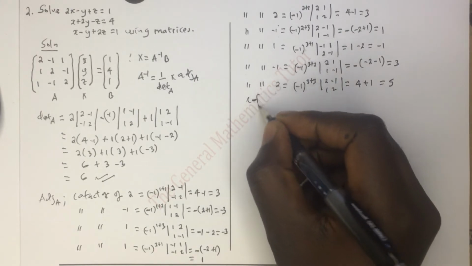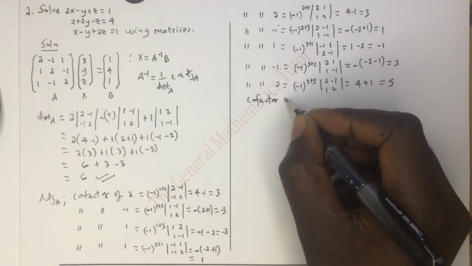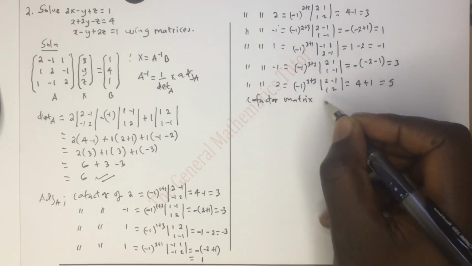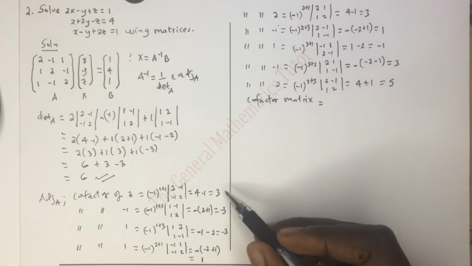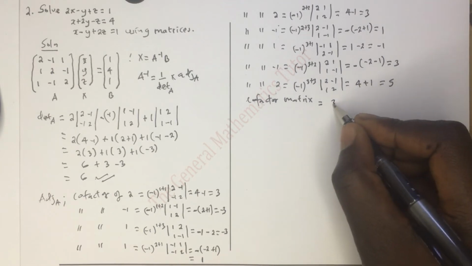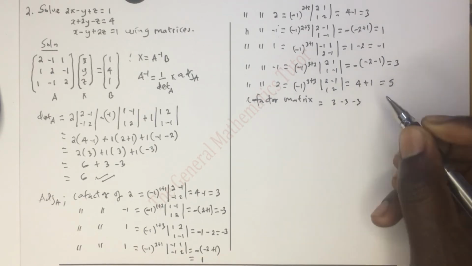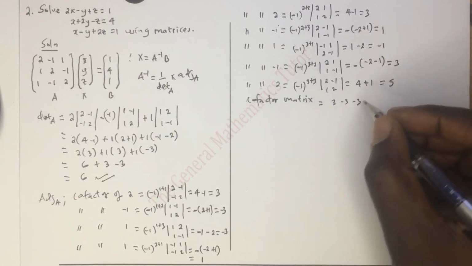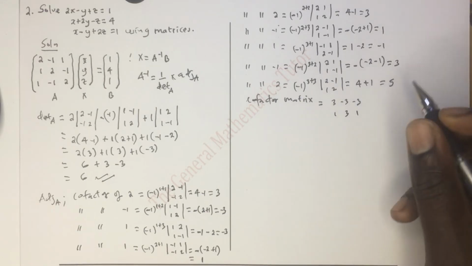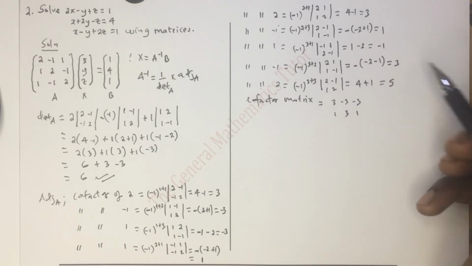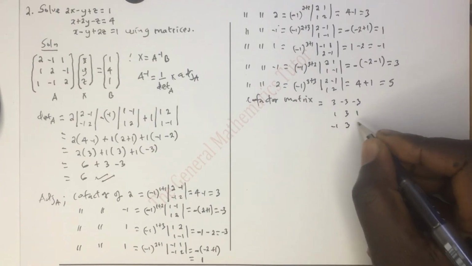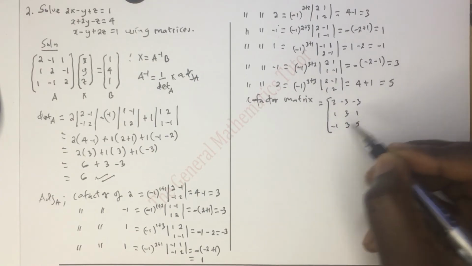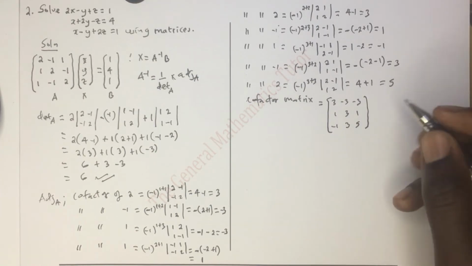So the cofactor matrix is going to be 3, negative 3, negative 3, 3, negative 3, negative 3, and then we have 1, 3, 1, 1, 3, 1, then you have negative 1, 3, 5. So that is the cofactor matrix.